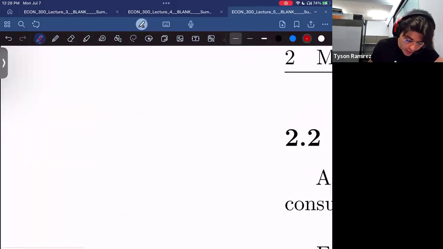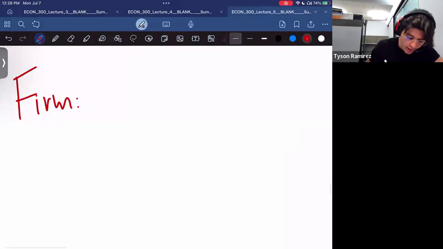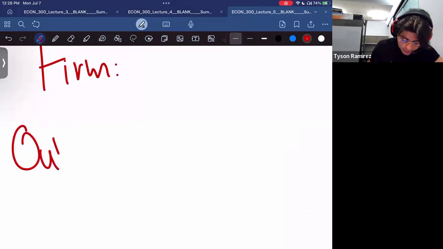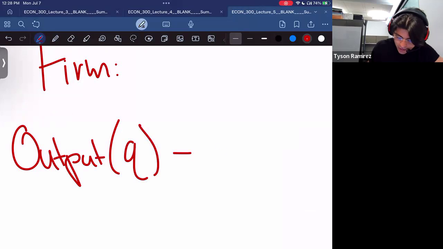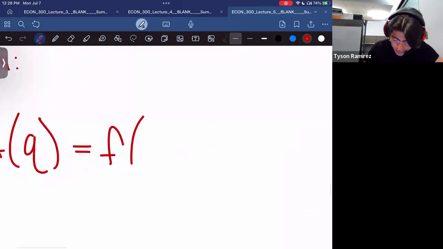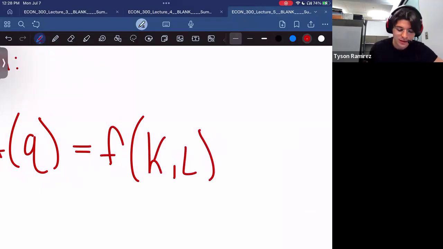But as a preview, for a firm, their output, and this is usually a quantity, is a function of what we usually just refer to as capital and labor. K is capital, L is labor, clearly. But this L, this labor, where does labor come from? Who provides labor? It's us, it's the households.